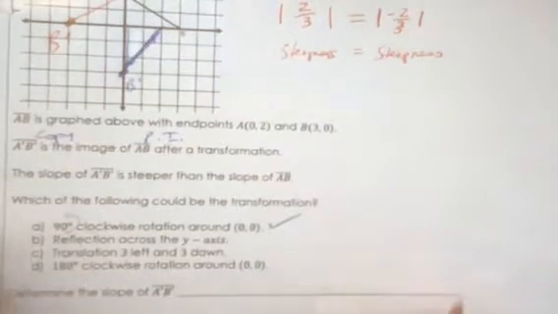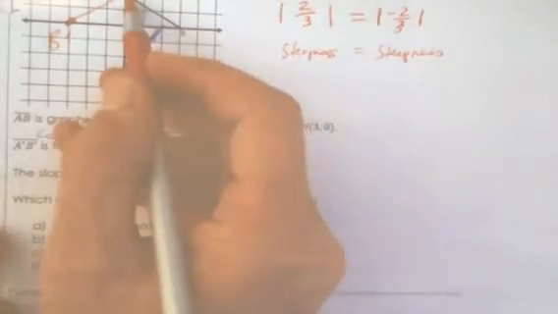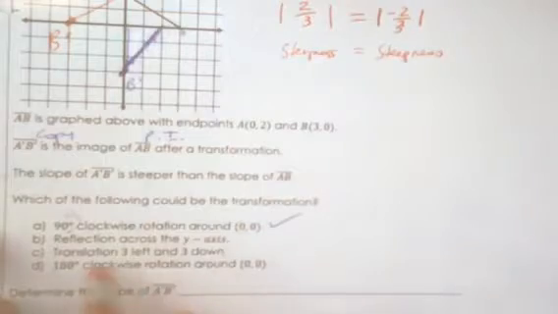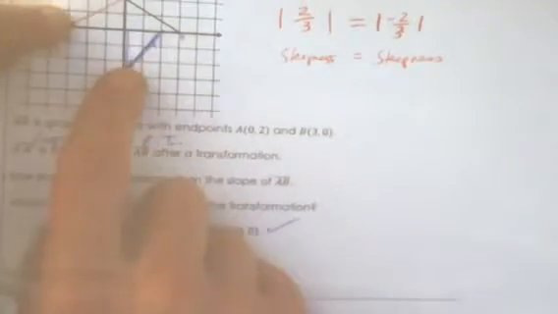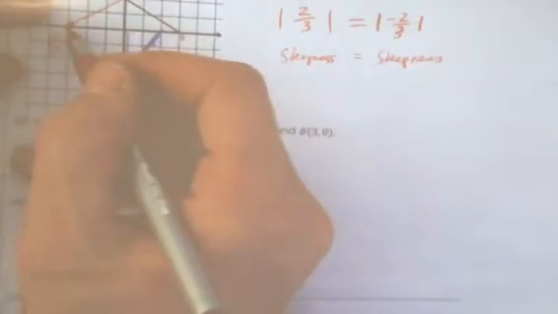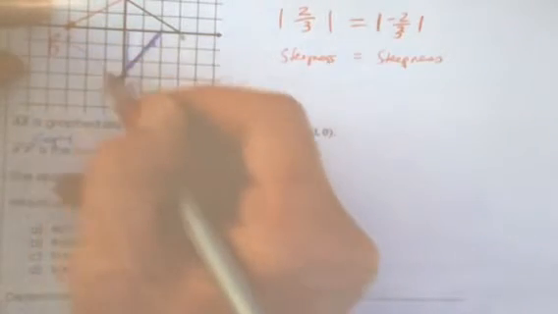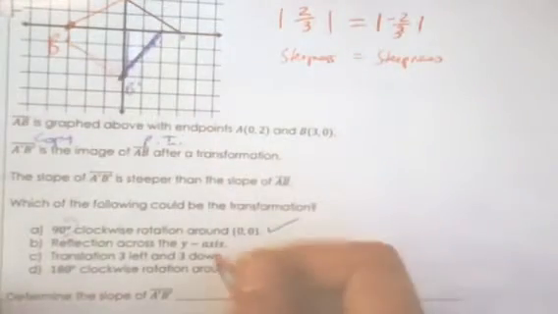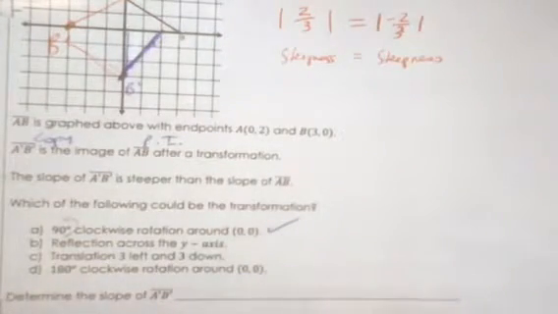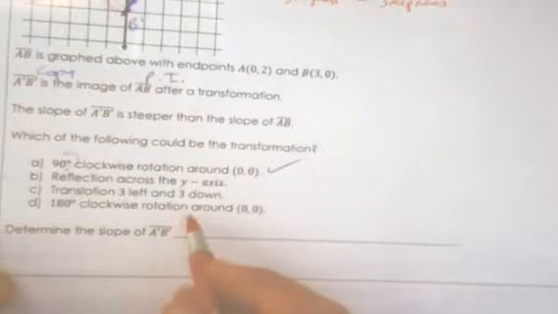Let's look at C. We go to our original AB, and this says a translation, 3 left and 3 down. So if we just take this and move it left and down, can you see that we still have something that looks like this. Can you see that the slope of this is the same as the slope of this? Has not changed. Finally, 180-degree clockwise rotation around the origin.